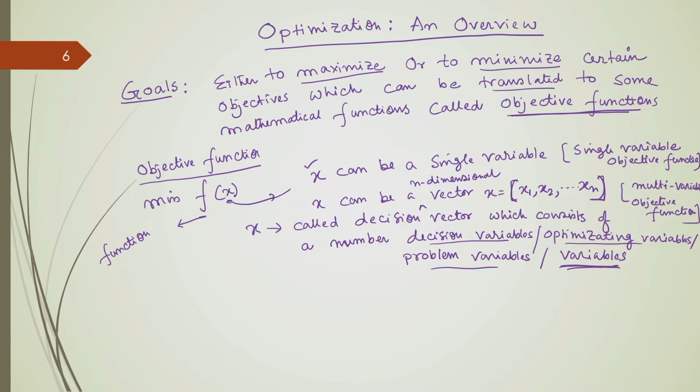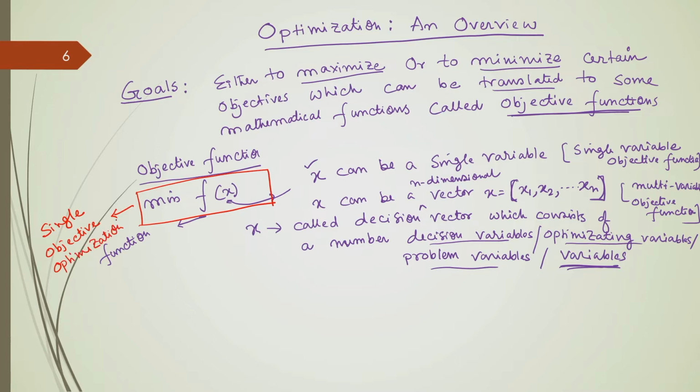Okay. Now, the problem I have shown here has one objective function. This is an example of single objective optimization.